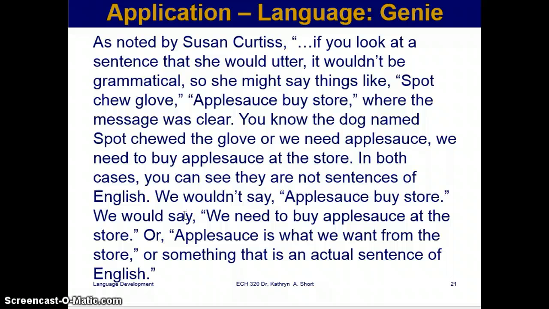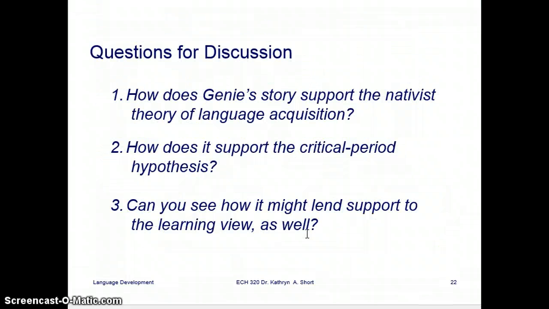In both cases, you can see that they are not sentences of English. We wouldn't say "applesauce by store," or something in that actual sense of English. Okay, questions for discussion. You guys can read this yourself. I don't need to go into this.